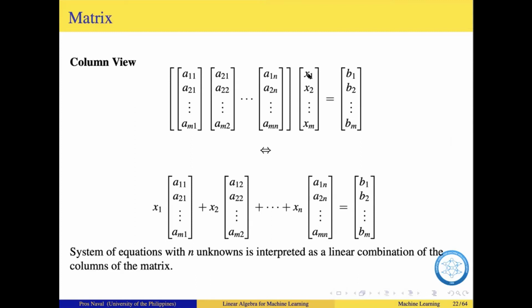And then these values here, x1, x2, and so on, are just multiplied to each of these vectors. So you can look at this entire thing as just a linear combination. So the system of equations with n unknowns is now interpreted as a linear combination of the columns of the matrix. And let's have an example.